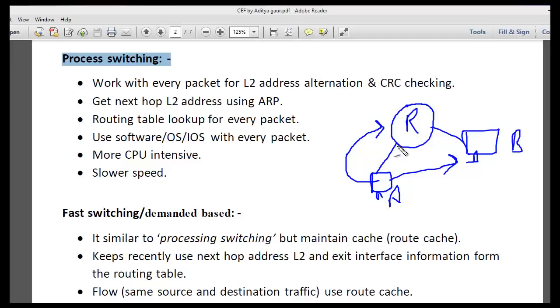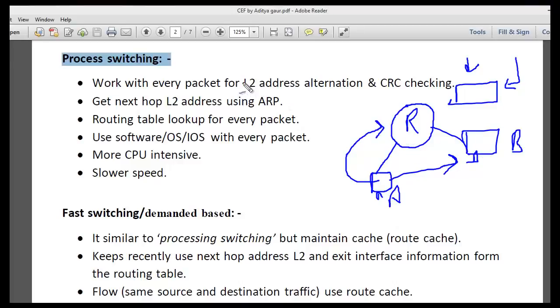The router receives that packet, and then the router performs multiple tasks with this packet, whatever is received from computer A or maybe computer B.